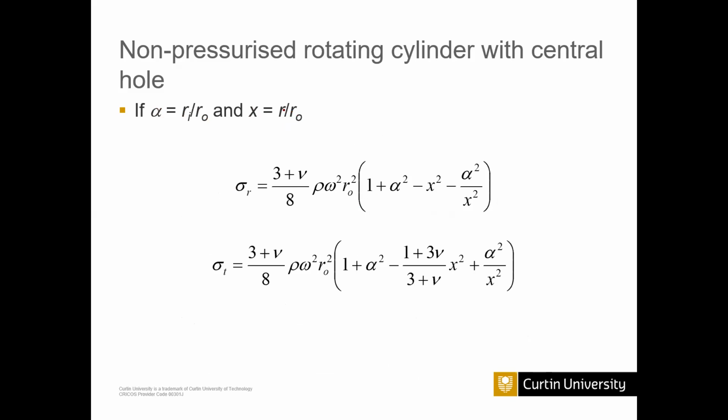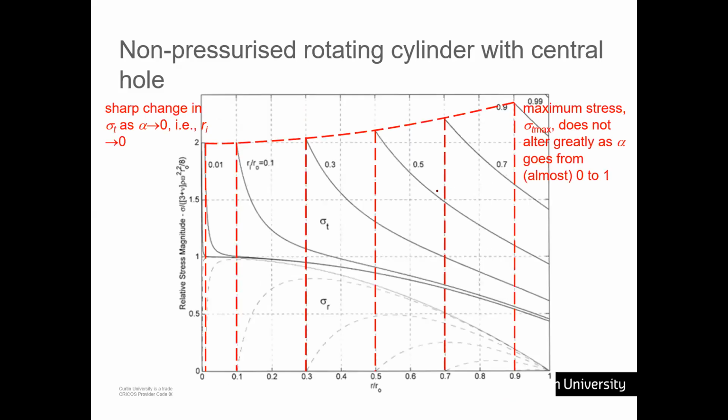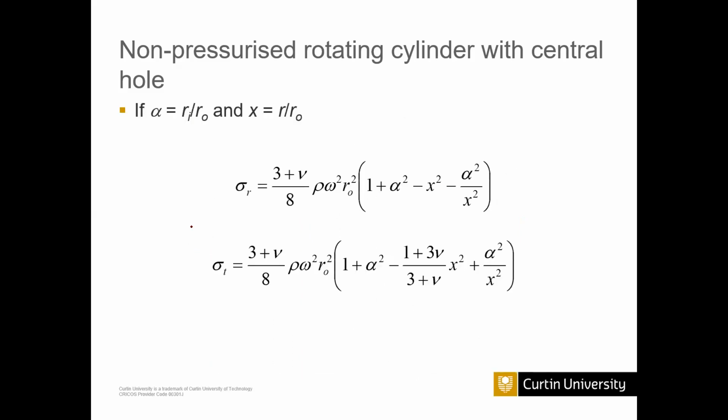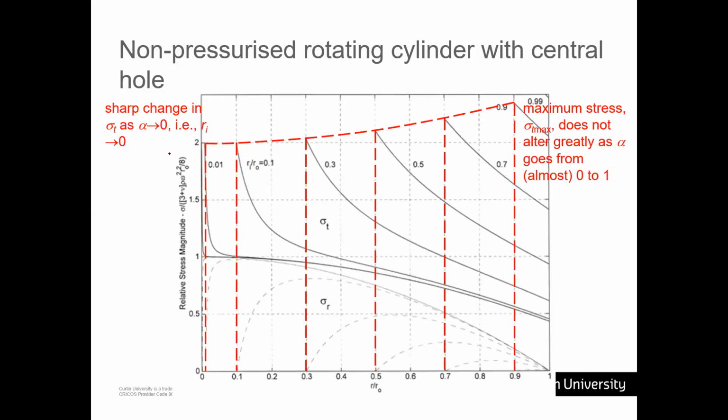But this is the variable, because R varies even though R naught is constant. This is X. So the variation is of the R to R naught ratio, and you get the relative stress magnitude, sigma r divided by sigma t.